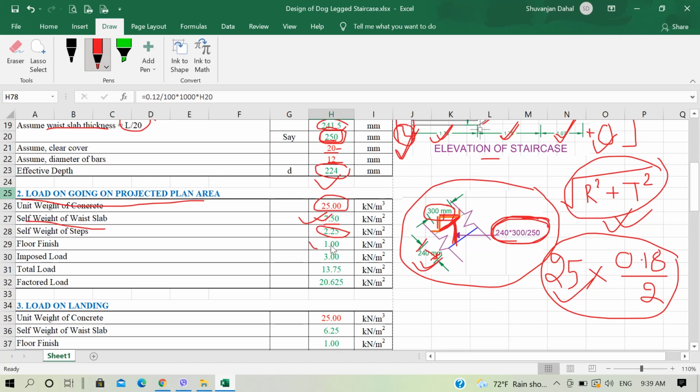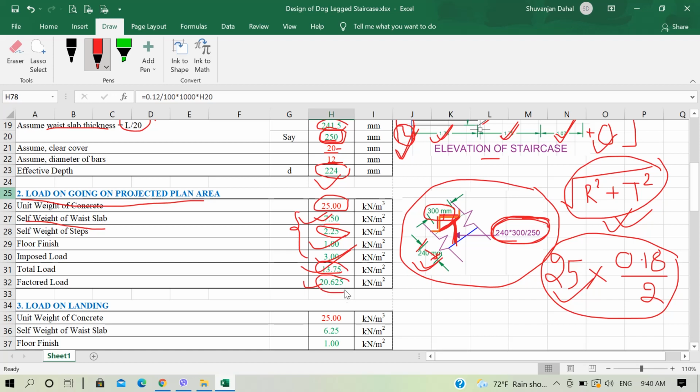Now floor finish load, we have already taken it to be 1, imposed load 3. Now add these 4 different types of load: self weight of waist slab, self weight of steps, floor finish and imposed load, to get the total load, and multiply this total load by a factor of 1.5 to get the factored load.